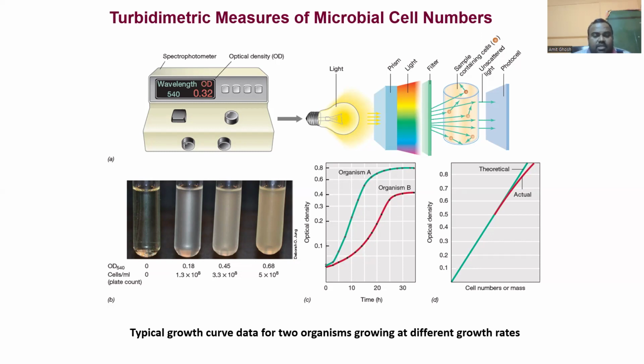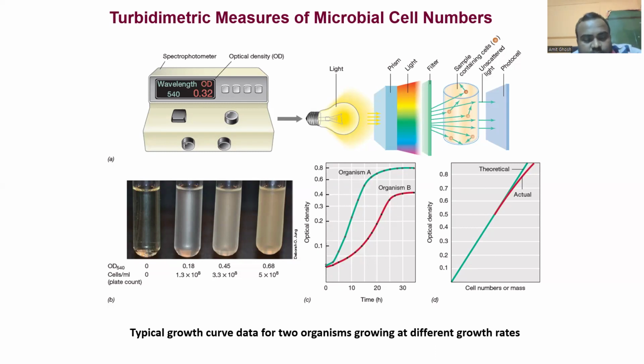Here you can see in the picture a spectrophotometer. A spectrophotometer is based on Lambert-Beer's law, where a light source is used, and this light will be absorbed by the microorganisms, and these observations are recorded in the spectrophotometer and expressed in terms of optical density.